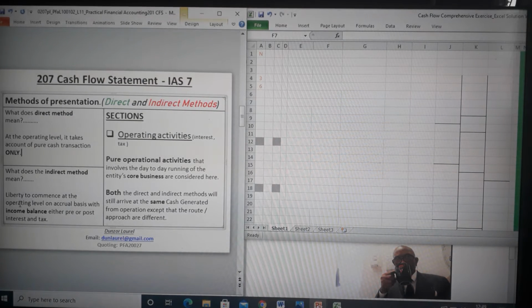Again, you need to adjust for the movement in your working capital, like the receivable increase and decrease, the payable increase and decrease, and the inventory, and be careful to know which one is applying cash and which one is bringing in cash, a source of cash.